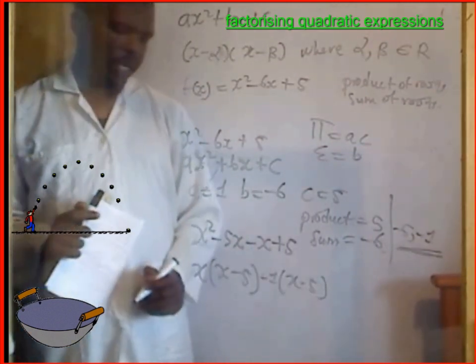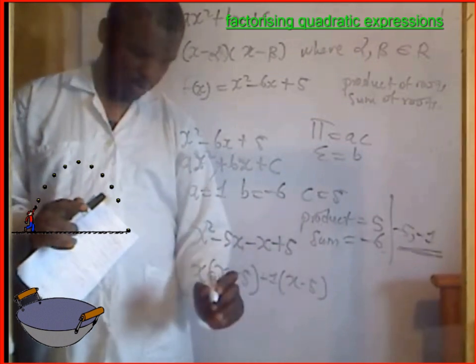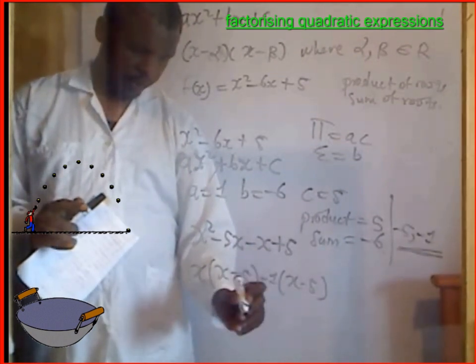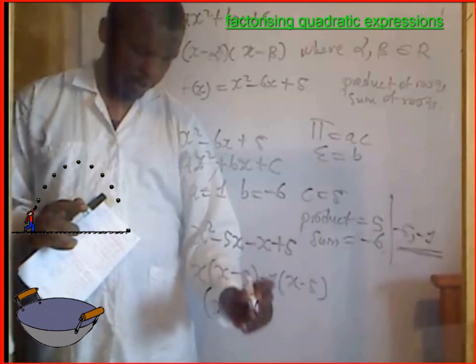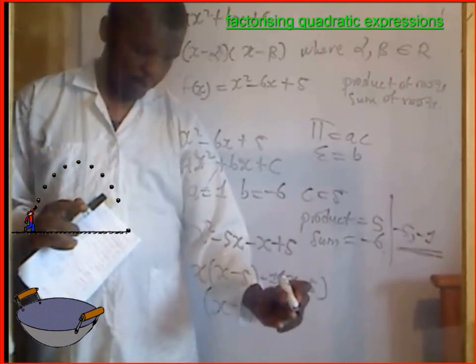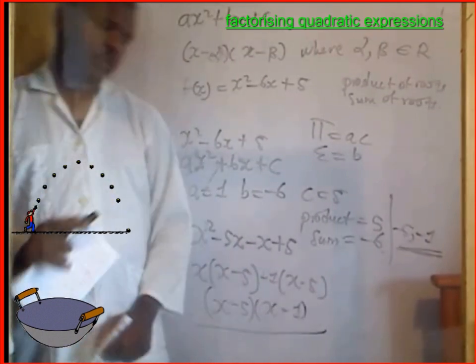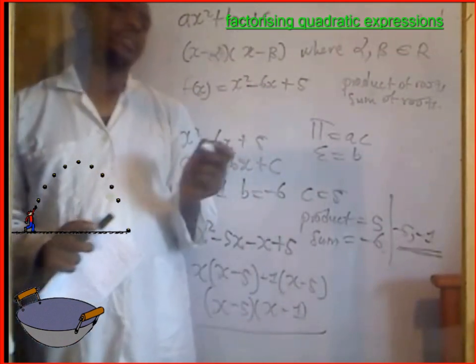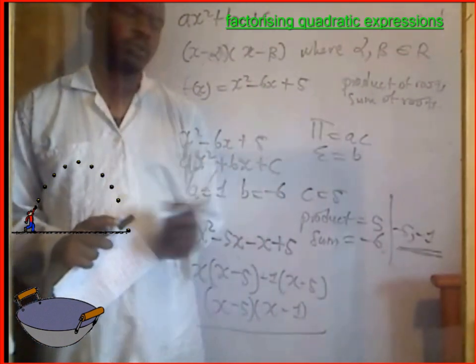So the factor in bracket is repeating. I write it once. x minus 5 factor of x minus 1. So we have factorized this quadratic function.